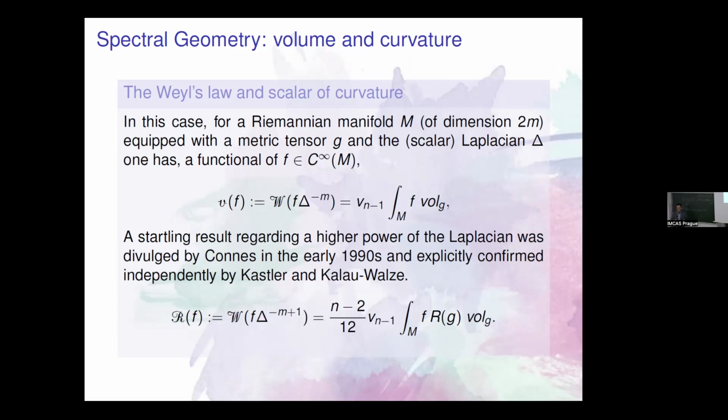And you can use whatever coordinates you like. So the good thing was you can use the coordinates of a normal coordinate system. And then a lot of things simplify very nicely. Whereas Daniel Kastler was using sort of a general coordinate system, not necessarily normal, and the computations are much, much more complicated.